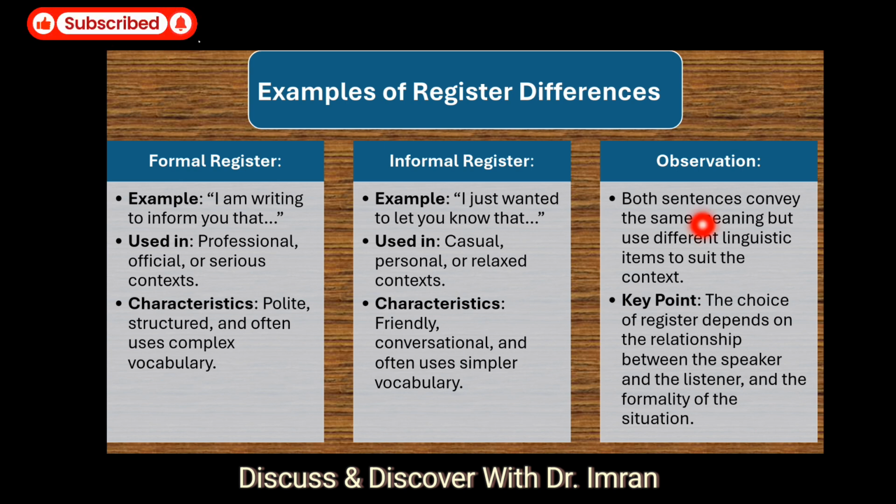Observation. Both sentences convey the same meaning: I'm writing to inform you that, and I just wanted to let you know that. Both convey the same meaning but use different linguistic items to suit the context. One is a formal context, one is an informal context. In a formal context, formal register; in an informal context, informal register.